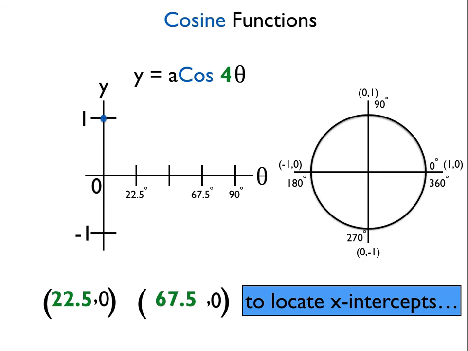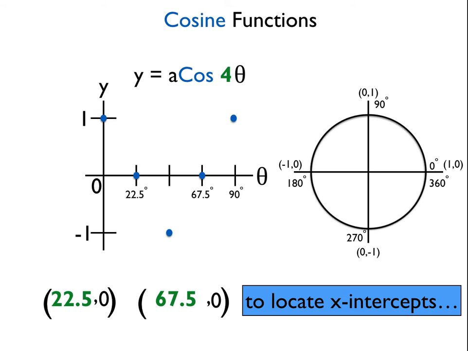So that means my lowest point will be in the middle of that. There's my first point, because at 0 degrees my point is 1. Then of course there's my x-intercept, like I already discovered. And then my lowest one would be the point in the middle, and then my next x-intercept. And my last point would represent my full period, so it's at the same location as my very first point.